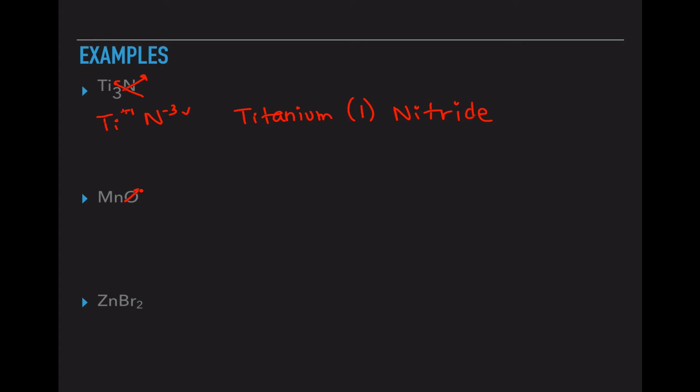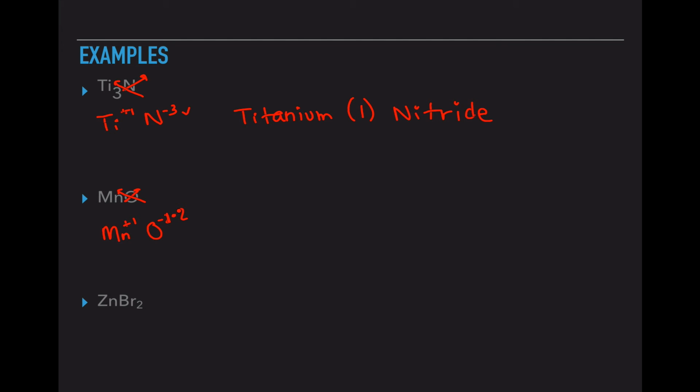So the second example, step 1 is reverse your crisscross. This number goes up here, this number goes back up here. So we have Mn with a +1 charge, since there was no number, and O with a -1 charge. Now we have to check our work. What charge does oxygen want to have? He actually wants to have a charge of -2. So that tells us that at some point we simplified our subscripts.